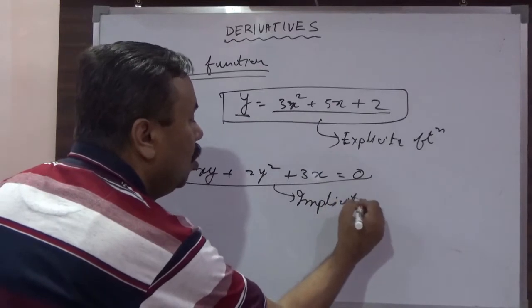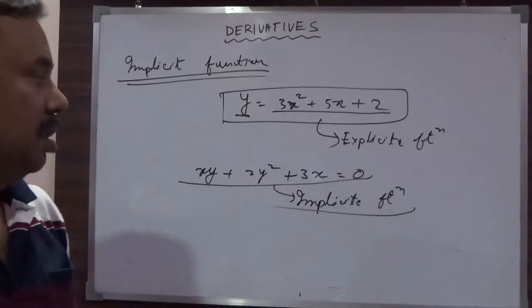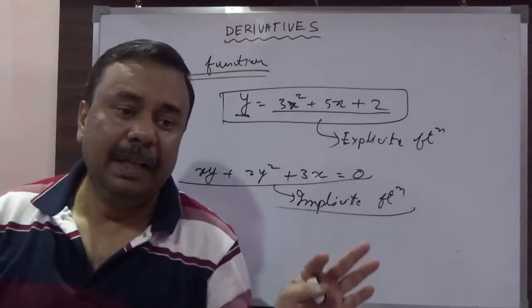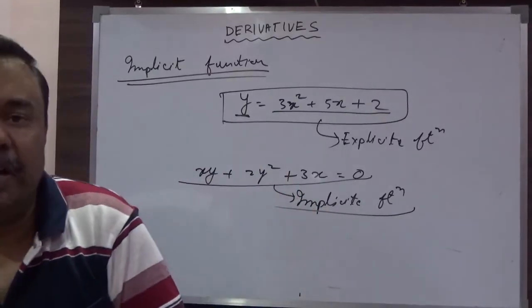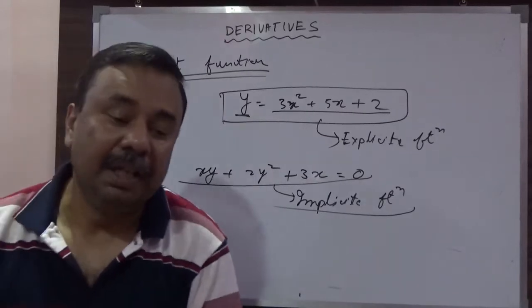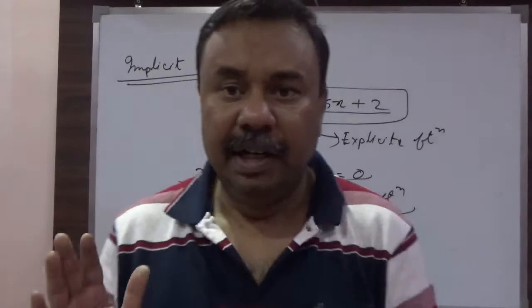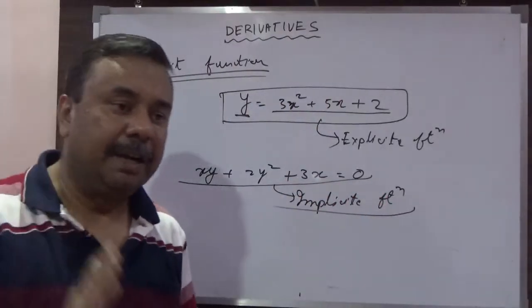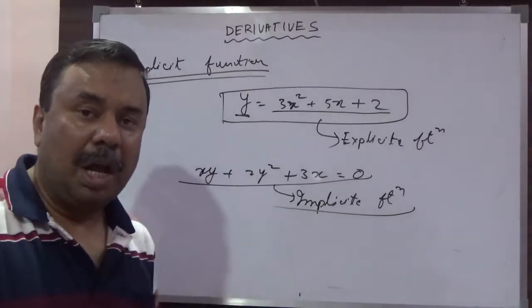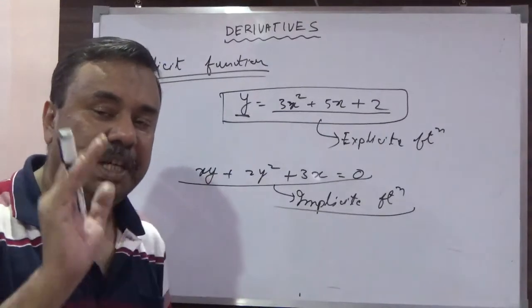Now, how to differentiate such functions? I will take this one only, and in this case, I will try to find out what dy by dx will be. Basically, when I say differentiate with respect to x, that means we have to differentiate y with respect to x, or I have to find out the rate of change of y with respect to the change in x.